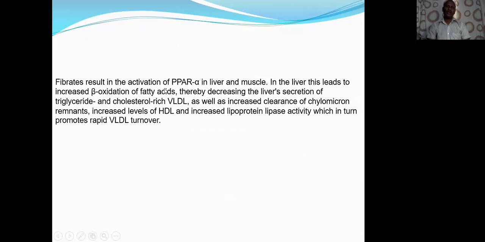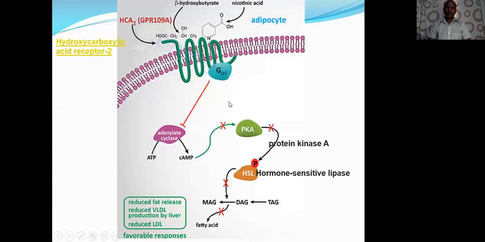This causes the beta oxidation of fatty acids. This is how the fibrates reduce the circulating free fatty acids.